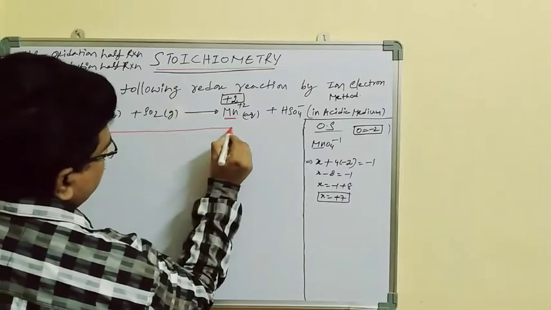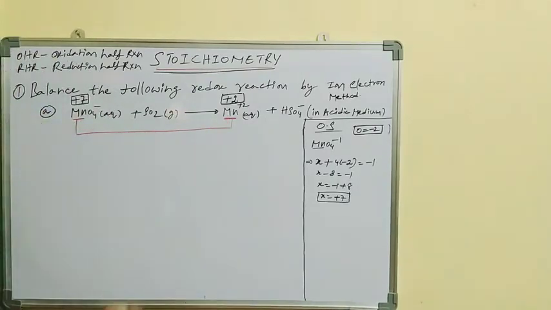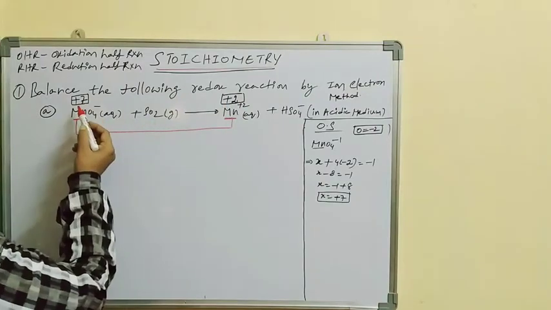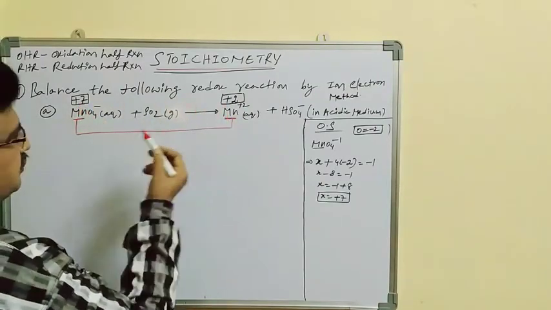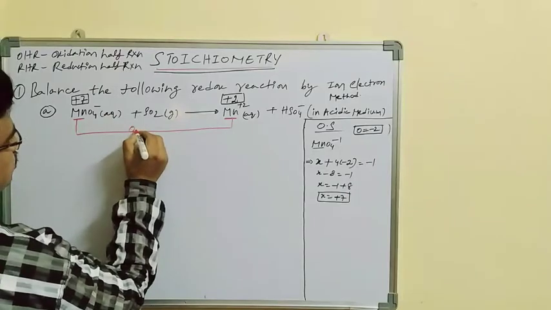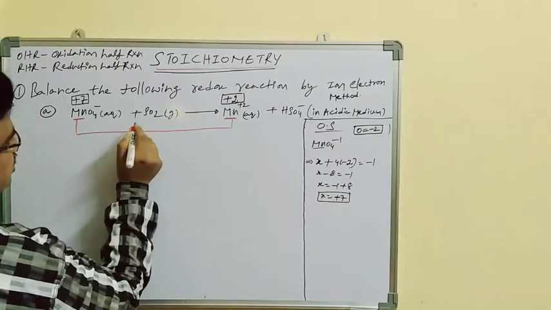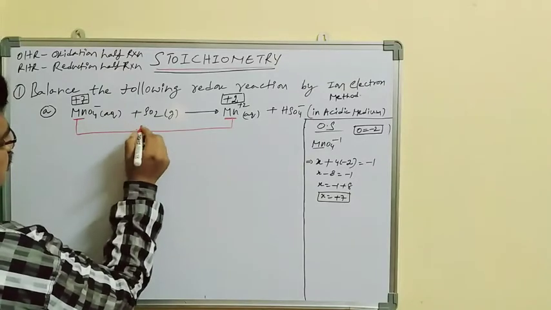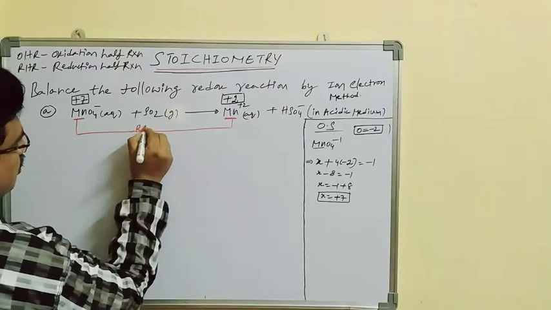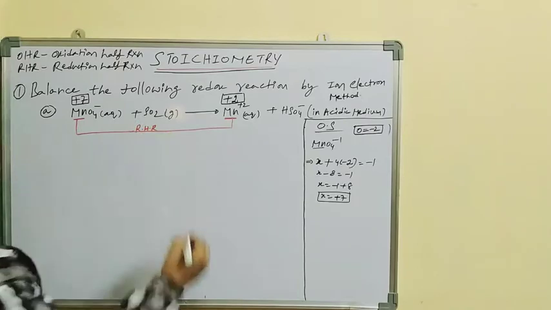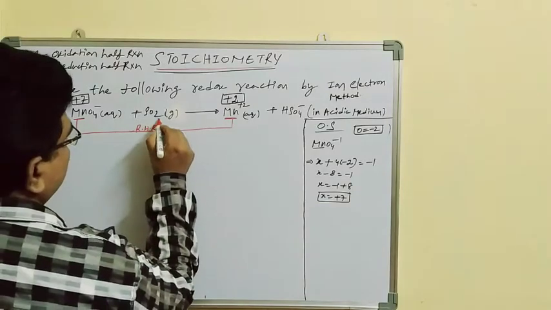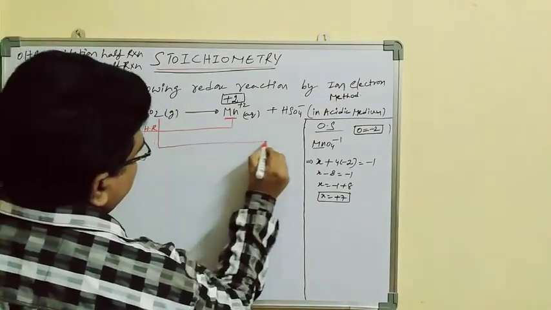The number decreases, so this is the reduction half reaction. And this other one is the oxidation half reaction.